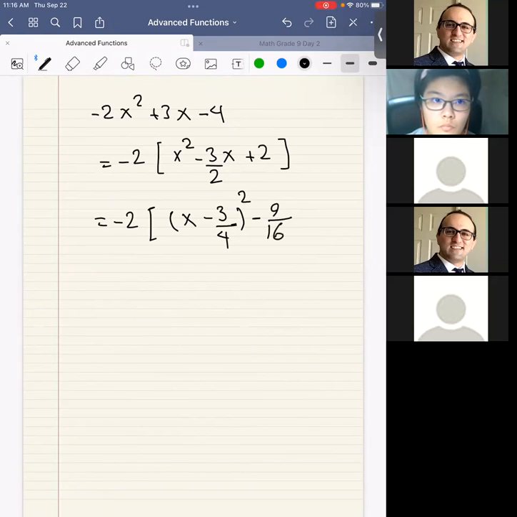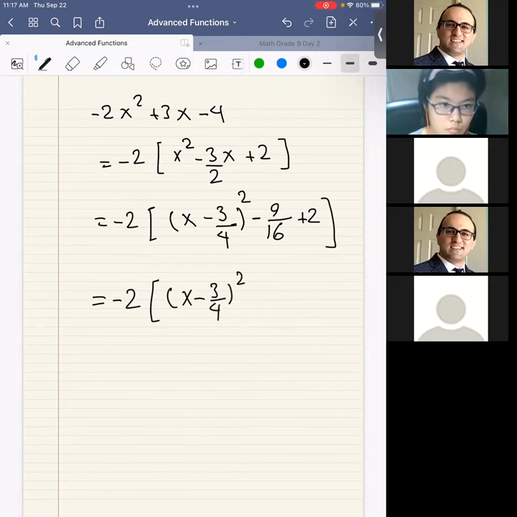Plus 2. Now that is equal to minus 2 times x minus 3 over 4 squared. Now what is 2 minus 9 over 16? It is 32 minus 9 over 16, which is 23 over 16. So it's plus 23 over 16.